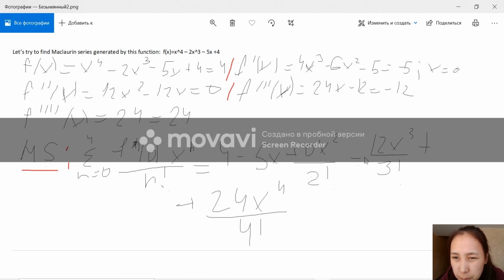So we get this answer, minus 12x cubed divided by 3 factorial, plus 24, because our fourth derivative is equal to 24, 24x to the power of 4 divided by 4 factorial, and this equation will be our answer for the Maclaurin series.